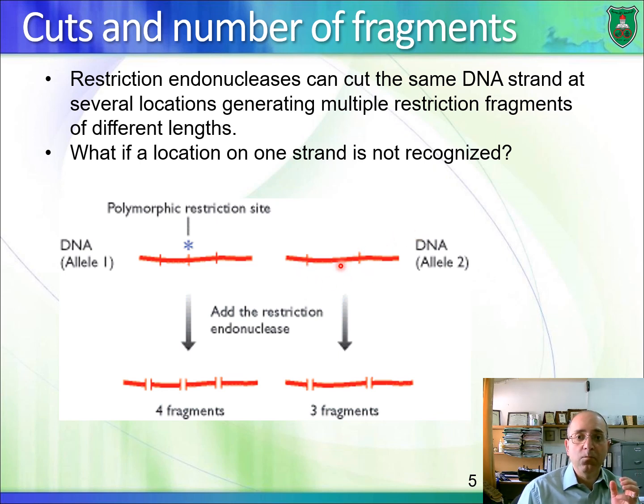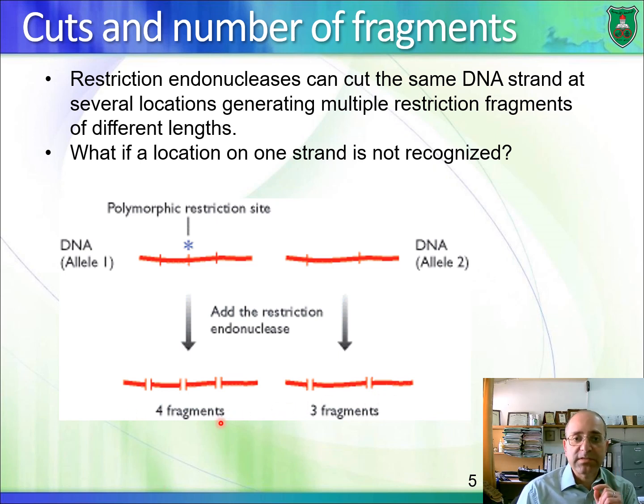So it would not be able to make a cut right there. So in this case, this chromosome of that person would generate 4 DNA fragments. Okay, and for the other chromosome, the restriction endonuclease would generate 3 fragments. Okay, so in total, the person would generate 7 fragments.